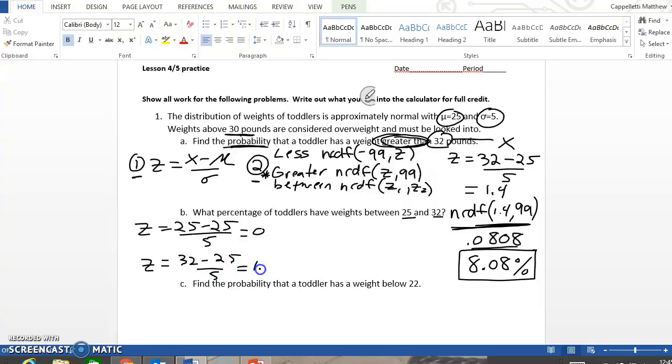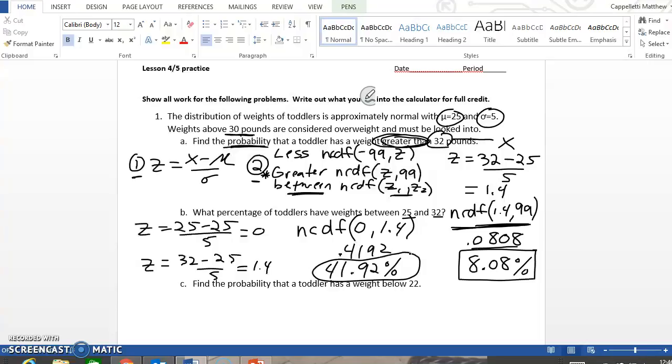That gives us 1.4. So now I have my two z's. I'm going to use my between rule, which tells me normal CDF is z1 comma z2. My z1 is 0, that's the lower number. My z2 is 1.4, the larger number. That gives me 0.4192, which I'm again going to convert to a percent, which would be 41.92%.